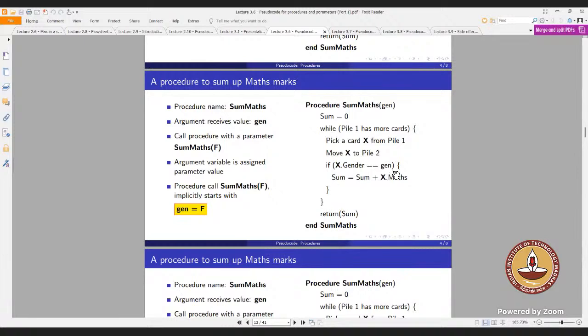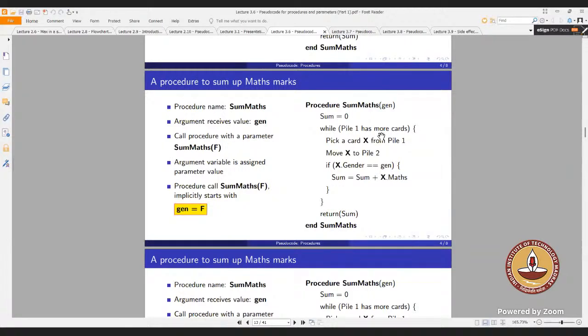It sums up based on your gender. So gender in this case is a field. This can be anything, right? In this particular case, you're passing this field F as a parameter. So it will count for female. What if you want to do it for male? So in this field, you're just changing it from F to M.